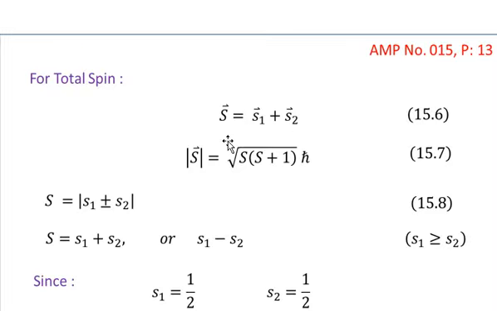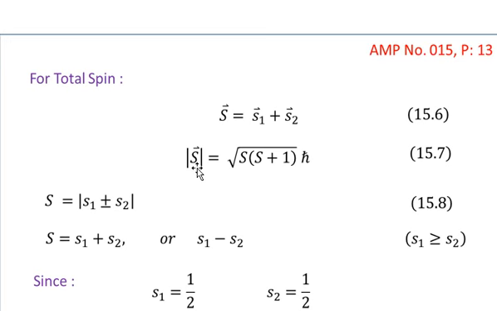In magnitude form, the magnitude of the spin angular momentum capital S on the left hand side is equal to the square root of capital S into capital S plus 1, times h bar, where the capital S in the square root is the total spin quantum number. So on the right hand side, capital S stands for the total spin quantum number, and on the left hand side, the mod of capital S vector is the magnitude of the spin angular momentum.